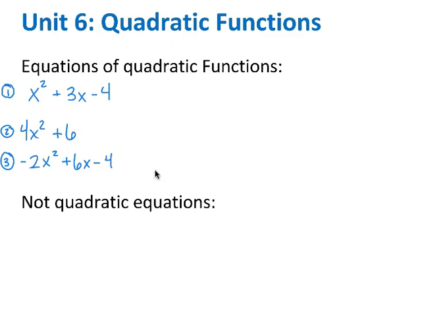If you said that they all have a squared term in them, which, remember, in the previous unit, we learned if we've got a polynomial, to identify the degree, we look for the largest exponent. So in all of these expressions, the polynomial has a degree of 2. And that is what makes a polynomial a quadratic function.